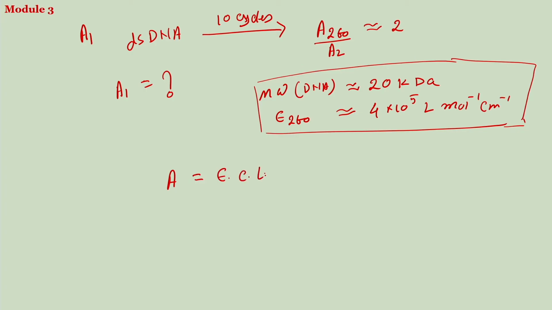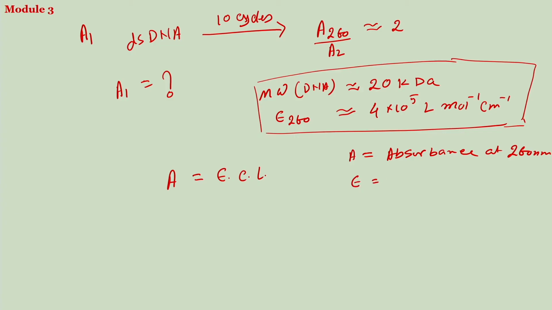This A is, as you know, the absorbance at a certain wavelength. In this case, this is 260 nanometer, because we are dealing with DNA, and DNA absorbs maximum at 260 nanometer, and this is unitless, there is no dimension for absorbance.